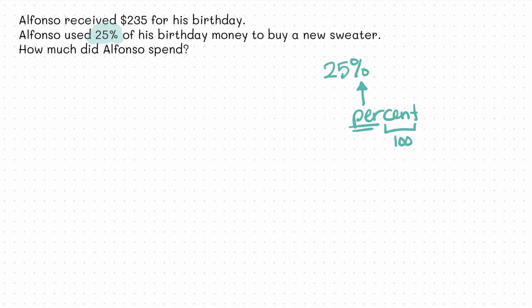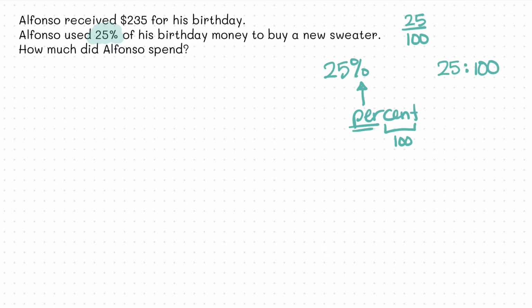So 25% can be written as a ratio of 25 to 100. And remember, ratios can also be written as fractions. So I could also write this as 25 over 100. Okay? So we learned that ratios can be written as fractions, and there's that relationship. So remember, we can also simplify our ratios.